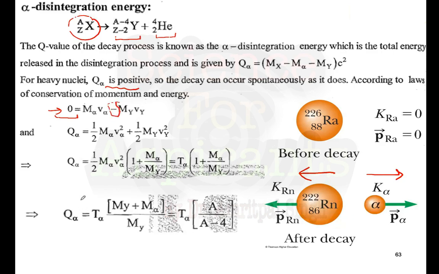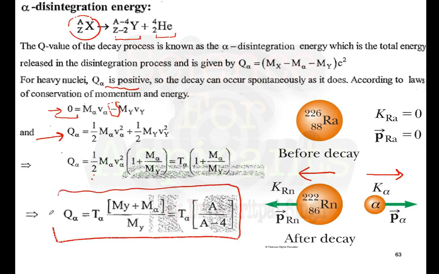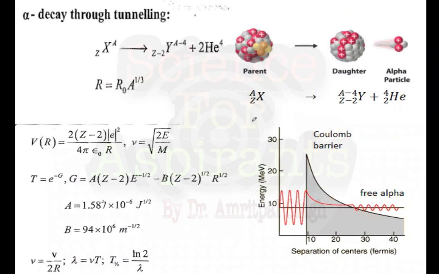This is our conservation of energy equation, and putting the value of the velocity into the Q alpha equation, we can find the disintegration energy in terms of kinetic energy. T alpha represents the kinetic energy of the alpha particle. This is also a very important equation to find the disintegration energy of the alpha particle.